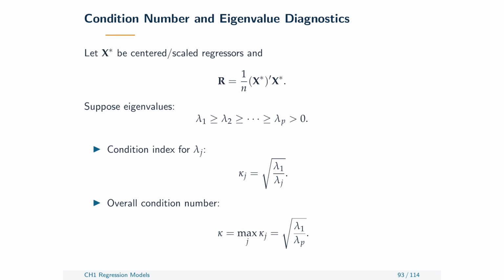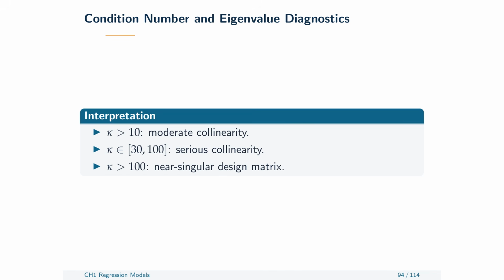We compare the largest eigenvalue with each smaller eigenvalue. The overall condition number is the square root of the largest eigenvalue divided by the smallest. A value above 10 may indicate moderate collinearity, while much larger values suggest serious numerical fragility.